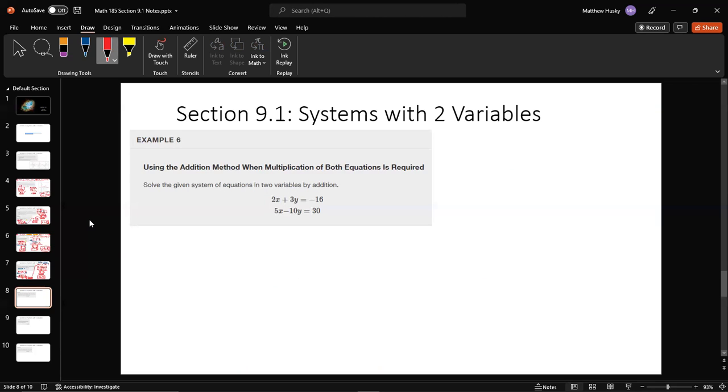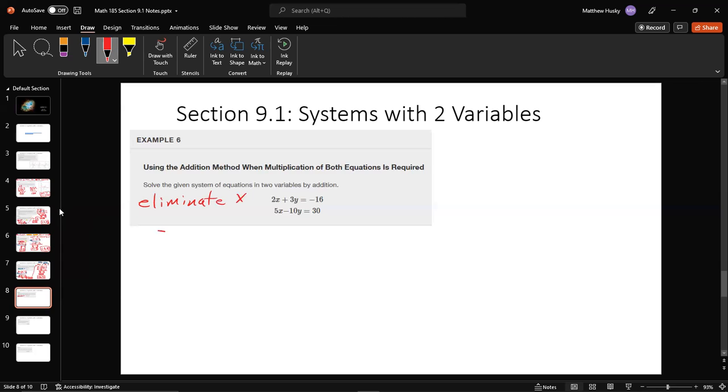You can pick X, you can pick Y. Really doesn't matter. You just got to make a decision and go with it. I'm going to eliminate X just because it's the one that's first.